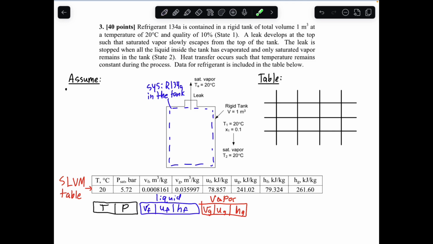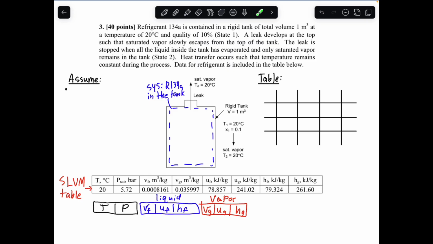And so we're only focusing on the mass of R134A that's inside the tank at any given time, because there's going to be some mass leaving the system, but at state 1, we're focused on the amount of mass that's in here at state 1, and then we look at what's the net change from state 1 to state 2, and so we're really only focusing on what's inside the tank at any given time.